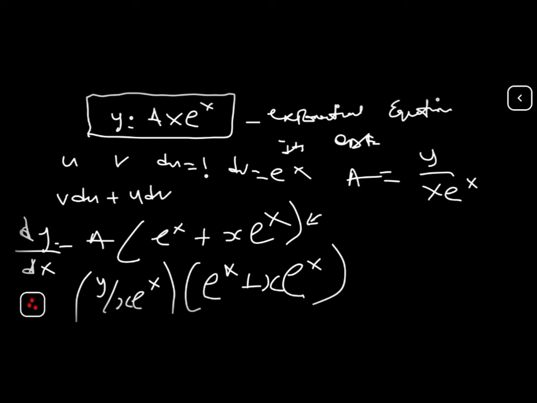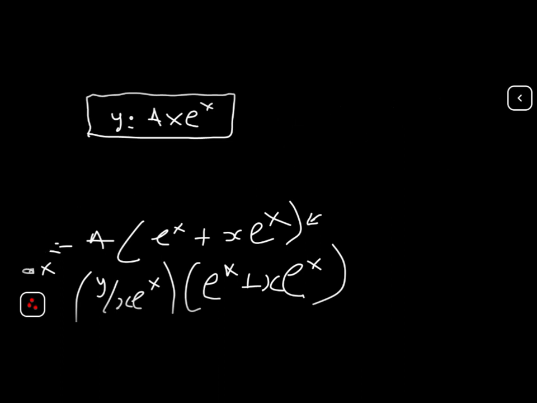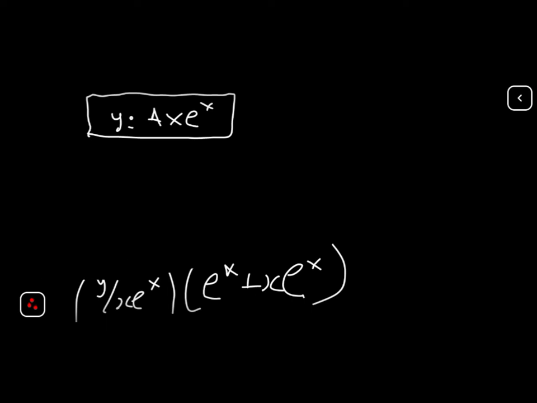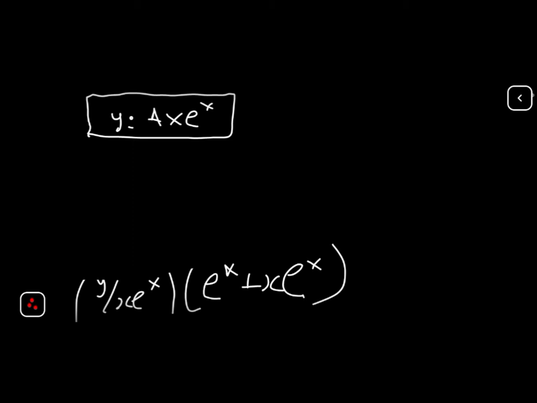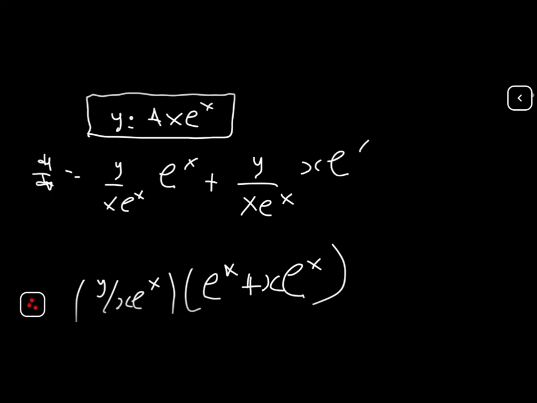I would have to create more space. So if we expand this, we would have that dy/dx is equal to y over x e to the x times e to the x, plus y over x e to the x times x e to the x.